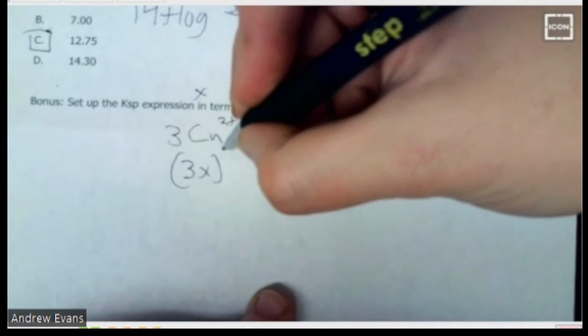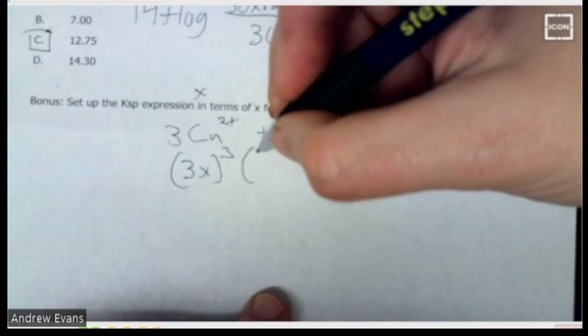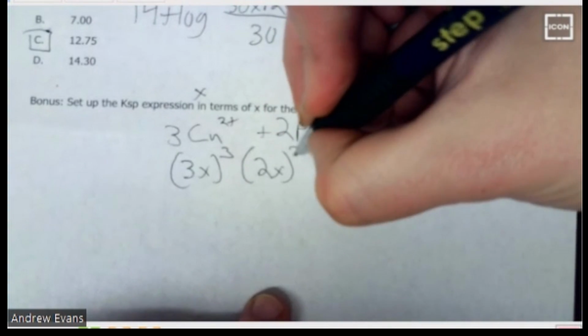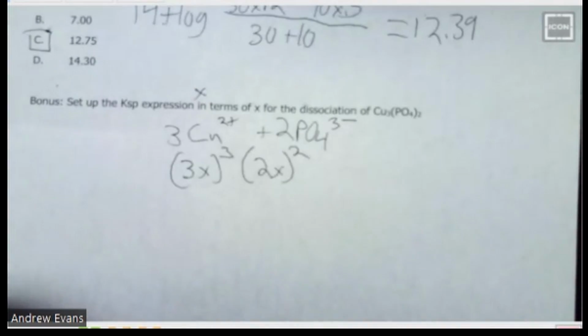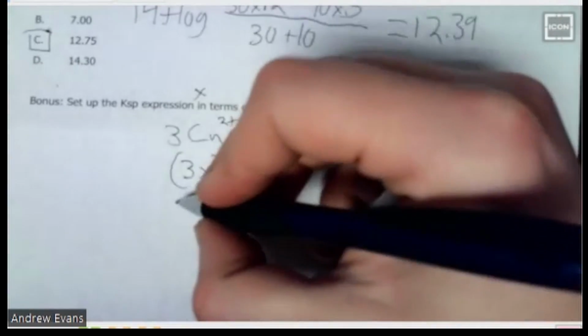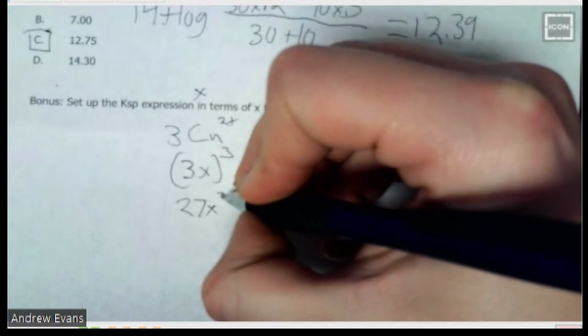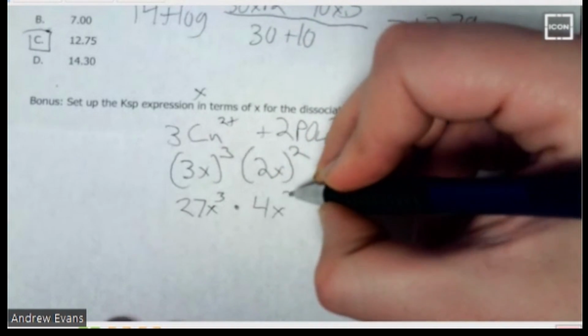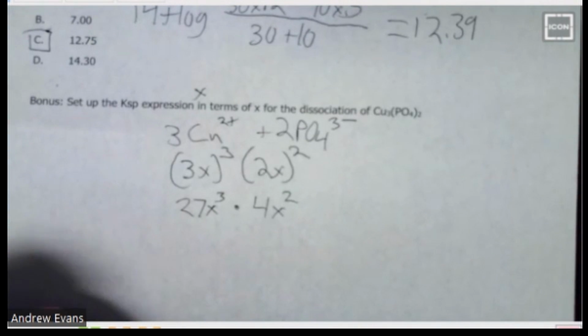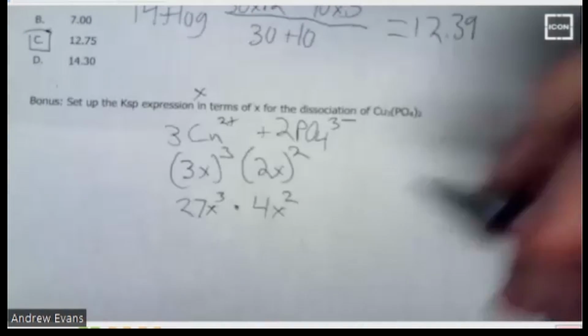In terms of x, this would be 3x cubed, 2x squared. So 3 times 3 cubed is 27x cubed times 4x squared. 27 times 4 is 108.